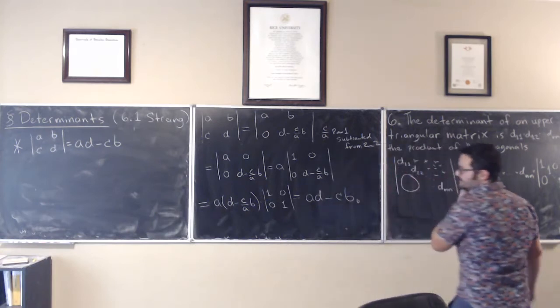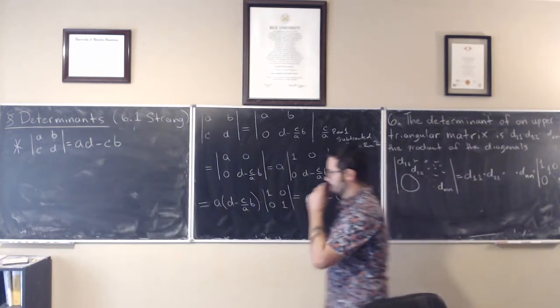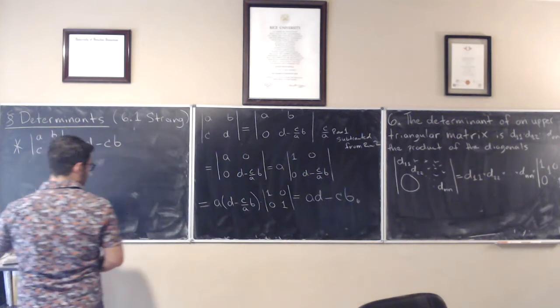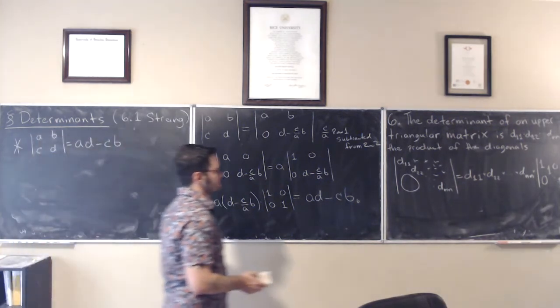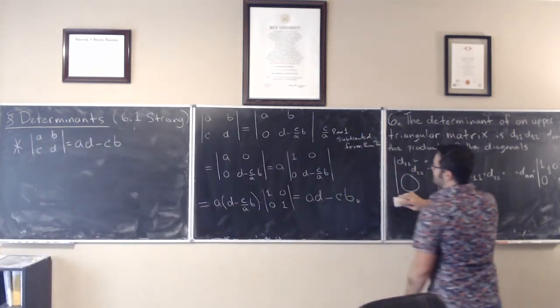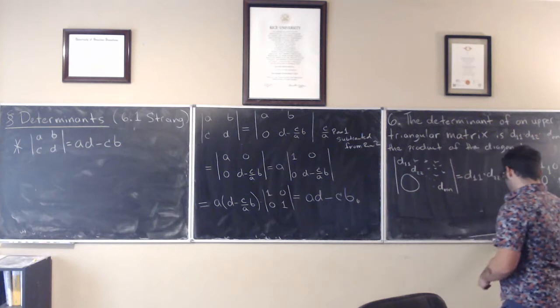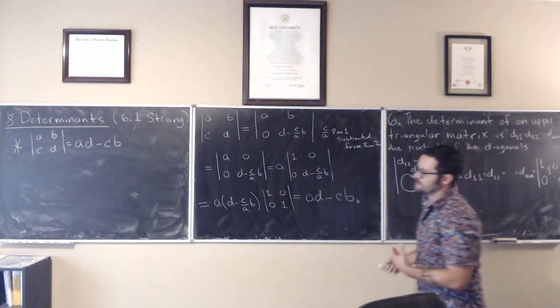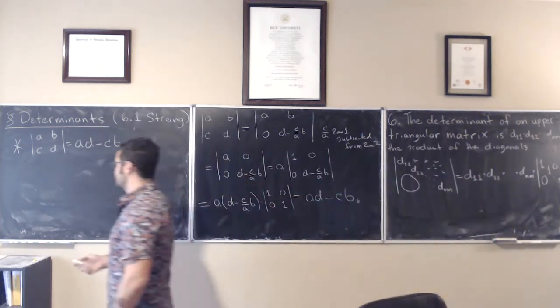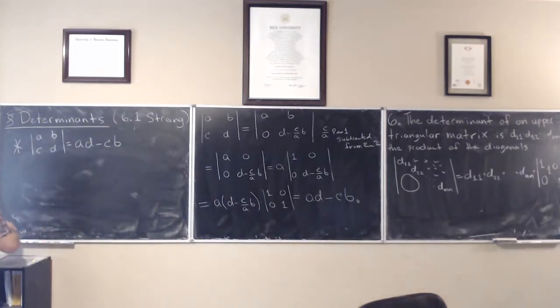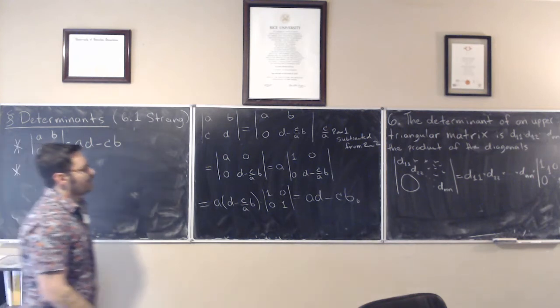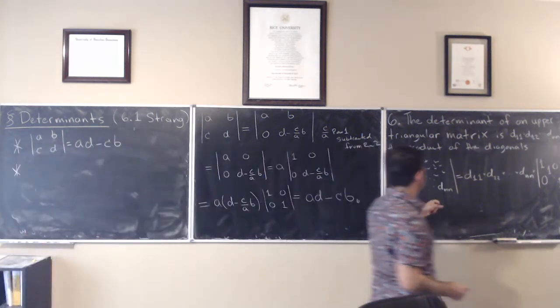So that's easy to calculate now for 2x2 matrices. All right, so this actually leads us to an algorithm to find the determinant. What else have we learned about determinants from property 6?